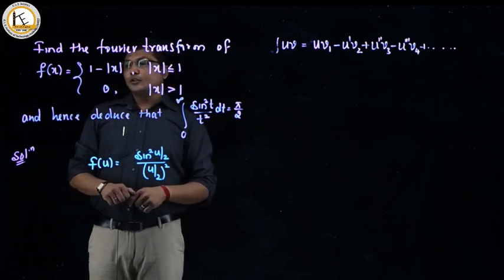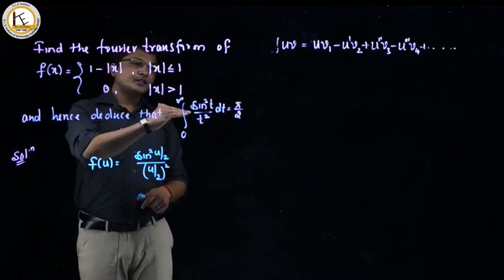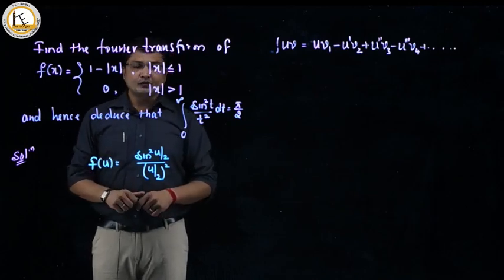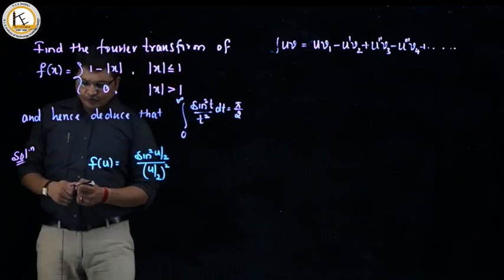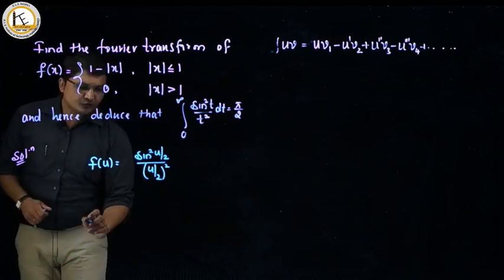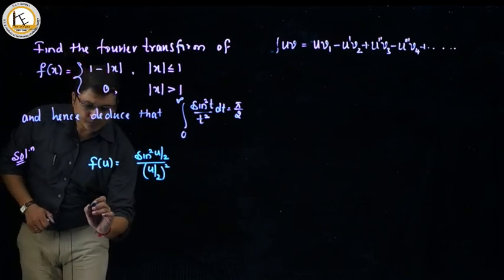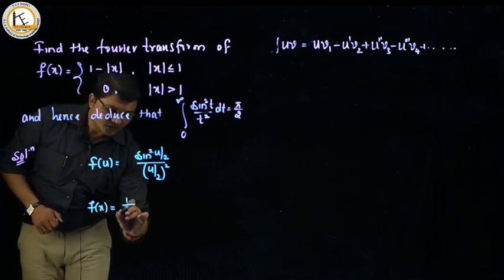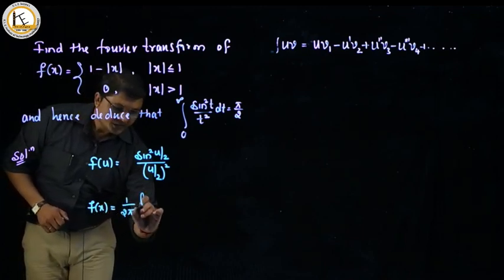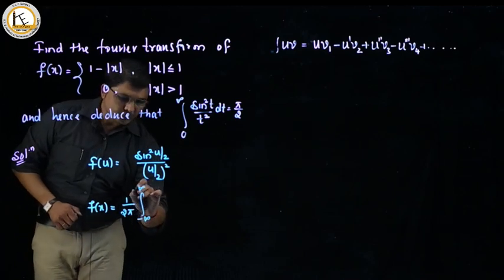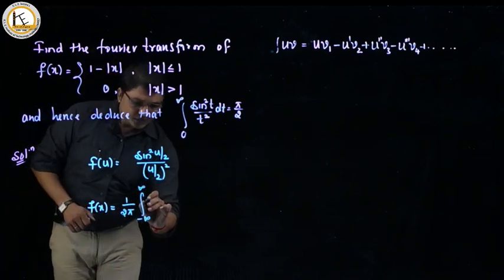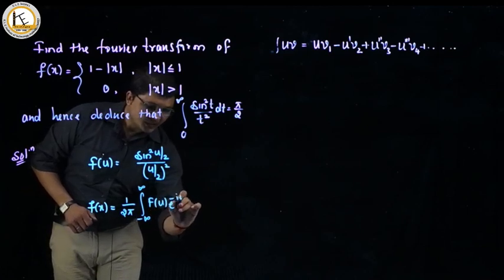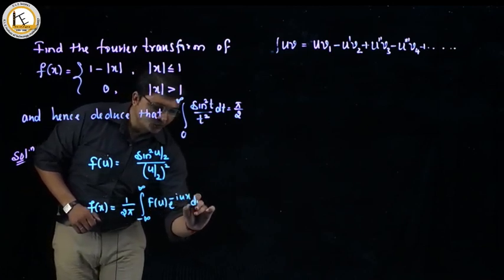And every time remember that while deducing the second part, we are going to use the respective inverse formulas. So we have an inverse formula here, the inverse Fourier transform formula: f of x is equal to 1 divided by 2 pi integral from minus infinity to plus infinity f of u into e raised to minus iux with respect to u.